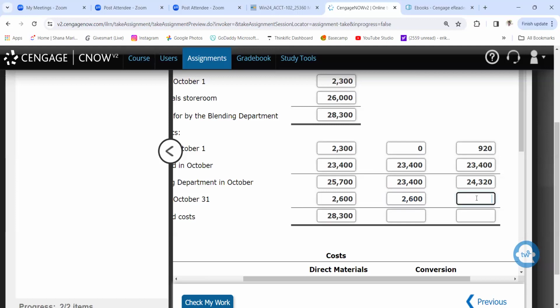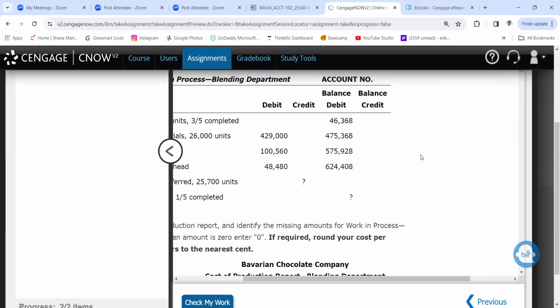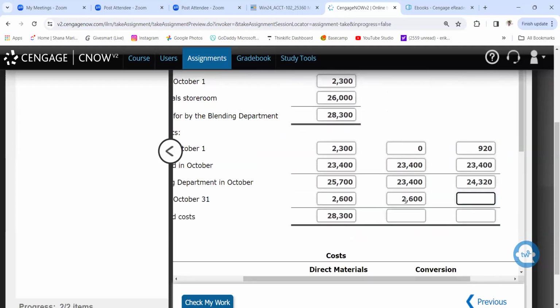And then it says that for the ending, it was 1/5 completed. So 20% completed. So 20% of this is going to be 520. Now we got to get this last number. This plus this equals this, and I have 26,000 for that. And this plus this equals this, and I have 24,840. So now we've completed steps 1 and 2.